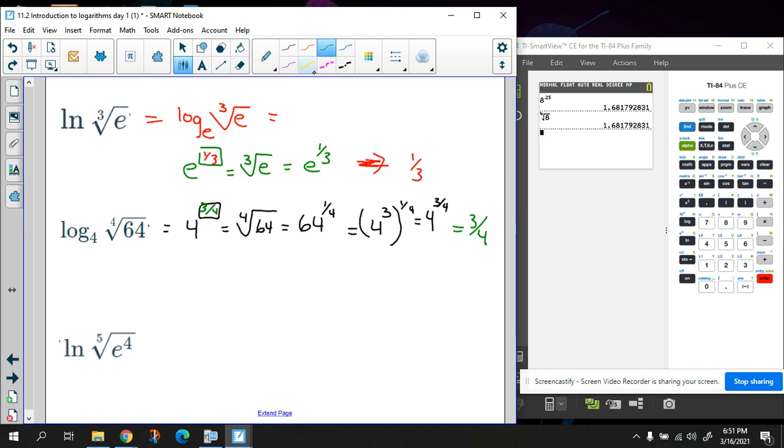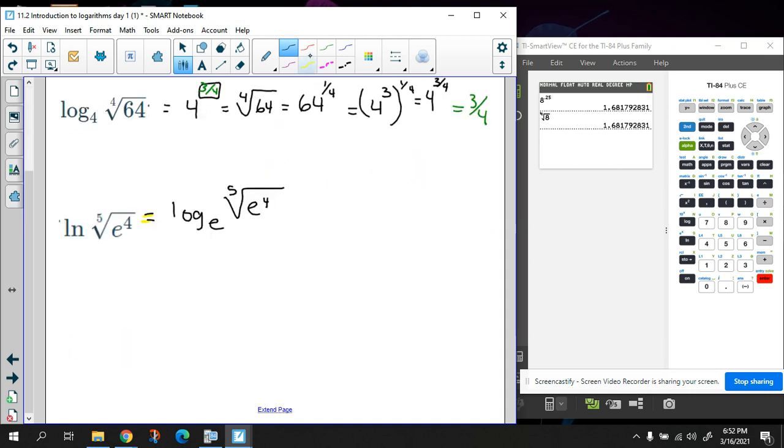ln means that there's supposed to be a tiny little e, or it could be written, in a different way, as log base e, and then the 5th root of e to the 4th power. Means, can we figure out e to what power makes this argument?